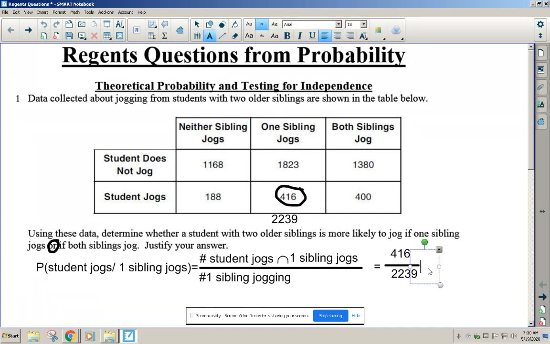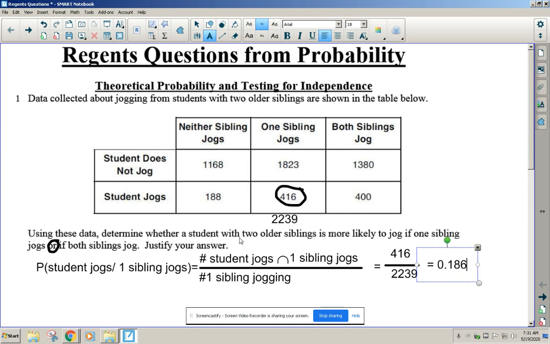And so therefore, since that fraction doesn't have a whole lot of meaning to me because the numbers are too big, I'm going to approximate to about 3 decimal places. So I'm going to say this is equal to 0.186, or roughly 18.6% of students will jog given the condition that one sibling jogs.